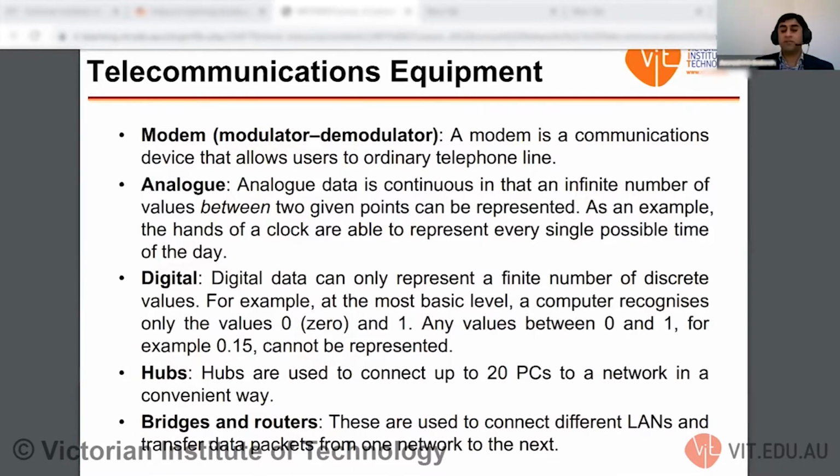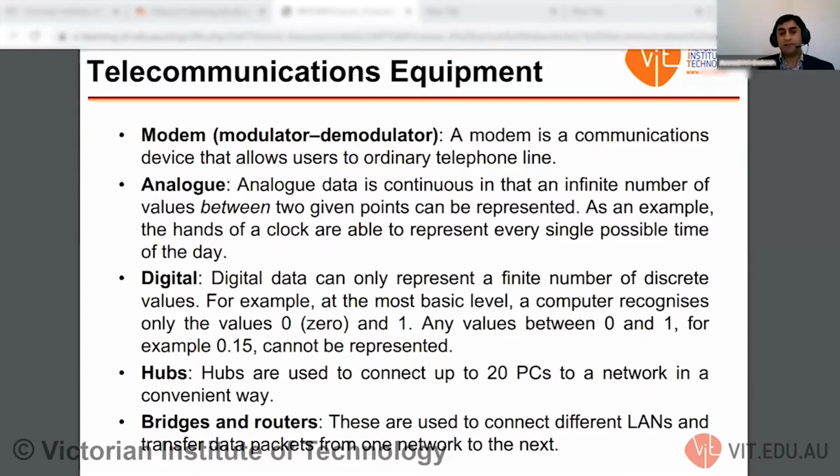Normally the telephone line that we use uses an analog signal, whereas our smartphones, laptops, and computers require a digital signal. So in order for our laptop to get a signal, it needs to be converted to a digital signal, and in order for that to be transmitted back, it needs to be in an analog signal.